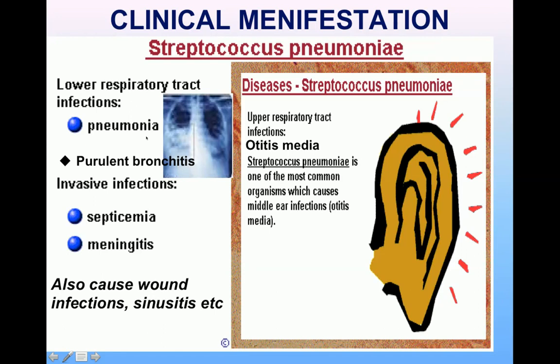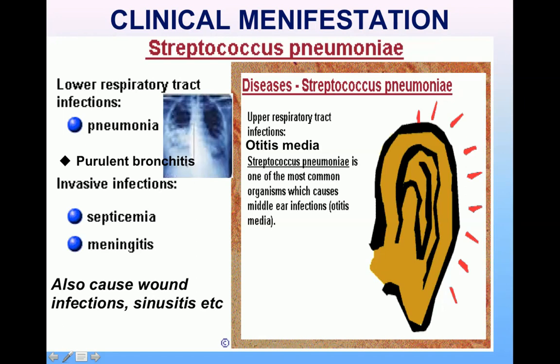I told you there are 85 serotypes, and 9 are responsible for adult pneumonias. It is mainly seen in infants and in elderly people, especially those who have comorbidities. And the mortality rate, if the patient is not treated, is 15%.